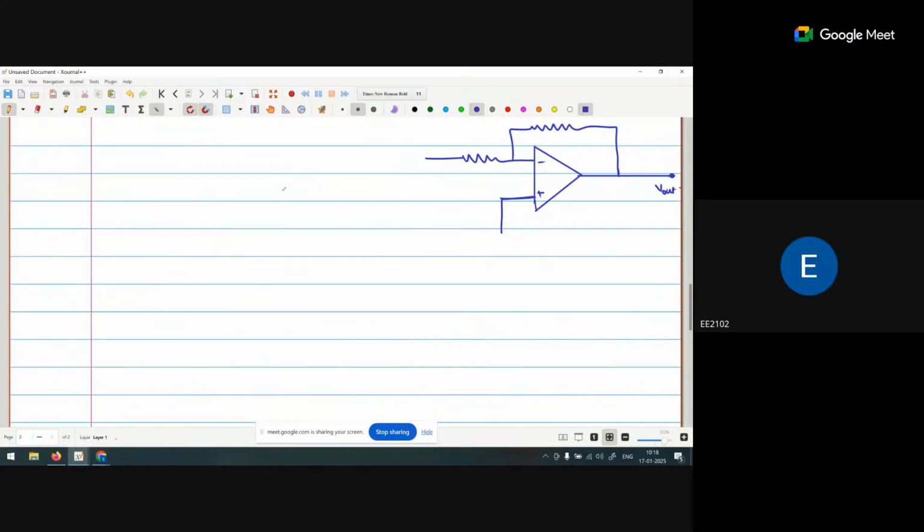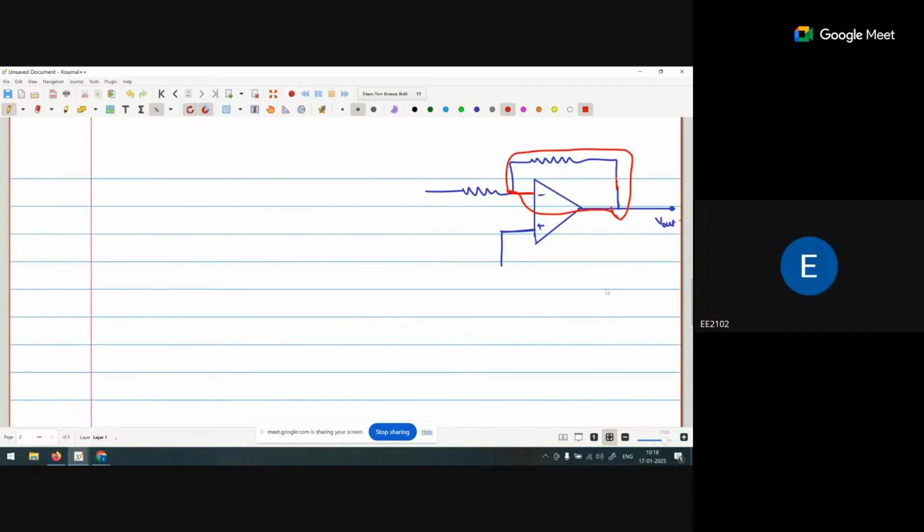So where is the loop? The loop part is this one. How do we check whether this loop is a positive or negative feedback?